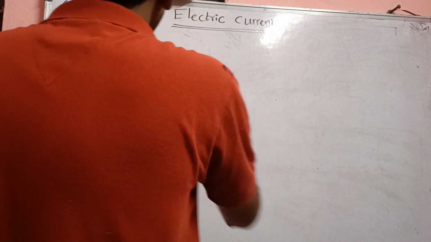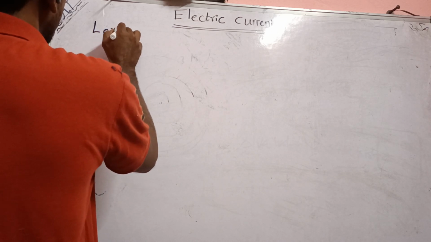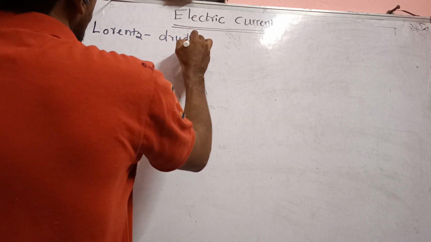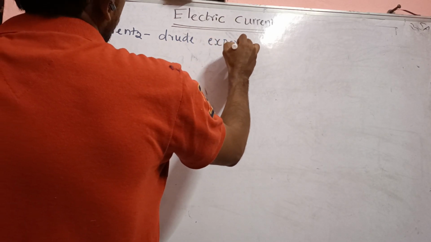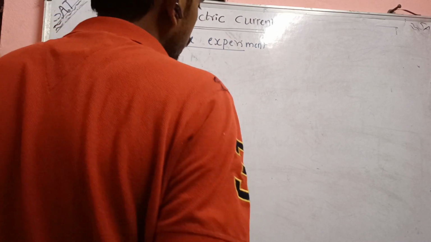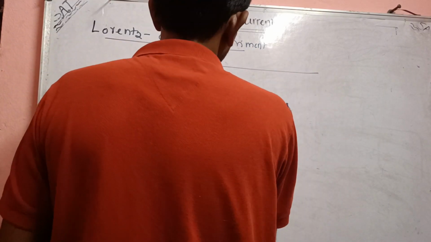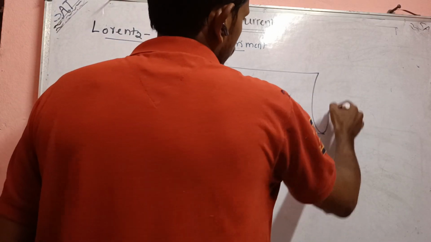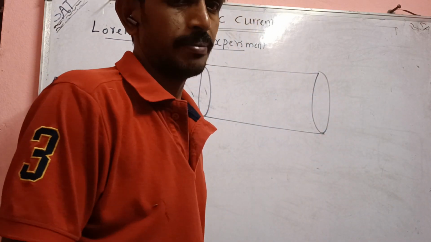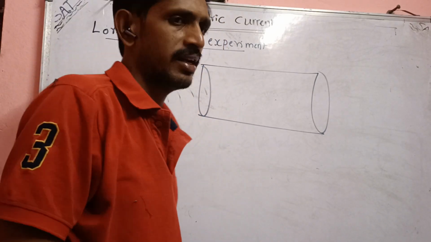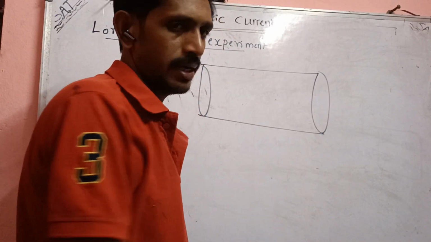Next one is the Lorentz-Drude experiment. In his experiment, he has taken a conductor. Generally, the shape of the conductor is cylindrical, so I have taken a cylindrical shape of conductor.